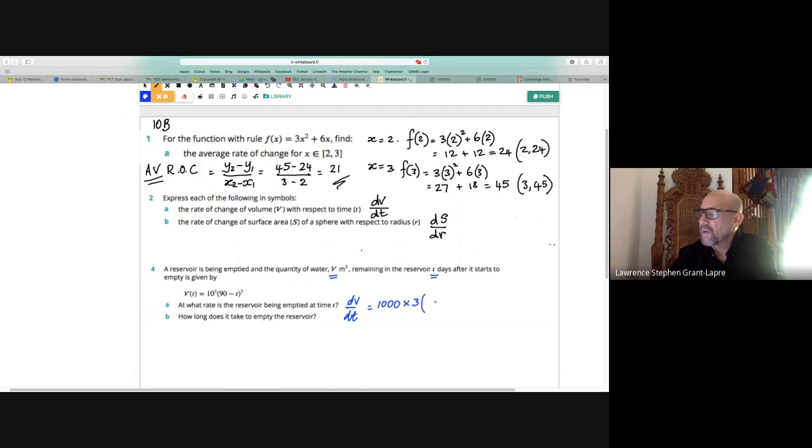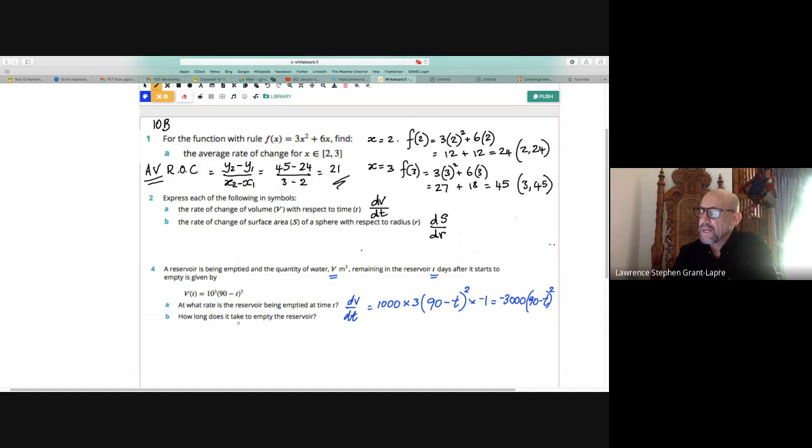So you bring the 3 down, it's now to the power of 2, and you times by the derivative of the bracket, which is -1. So the answer is negative 3,000, because 1,000 times 3 times -1 is negative 3,000, times (90 minus t) to the power of 2. And that's the rate at any particular time.